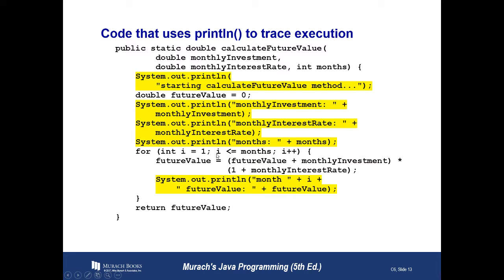Then we're going to use our for loop to calculate that future value and then output the future value when we're done and return. So this printing will give us some good debugging output so we can see where things are going wrong. So in this way, we are using our own println statements to trace our execution to debug any problems that we have.